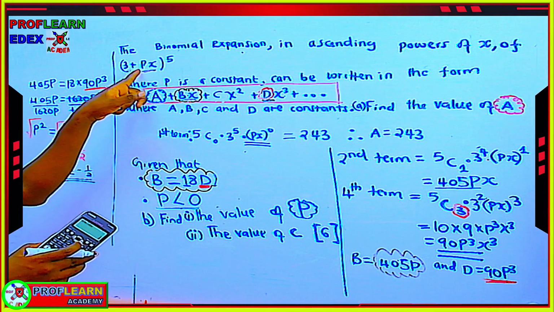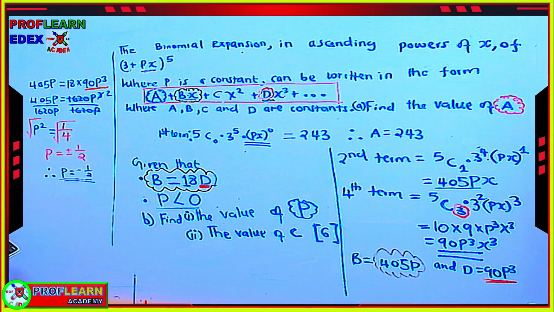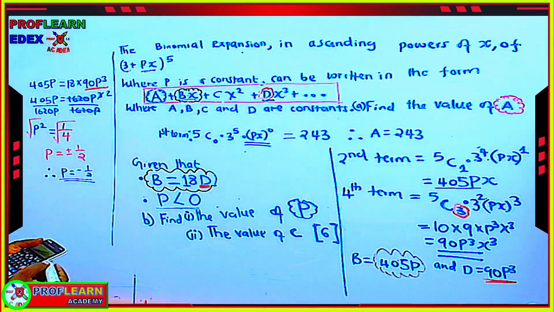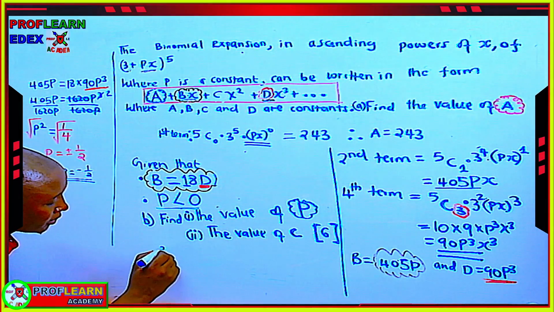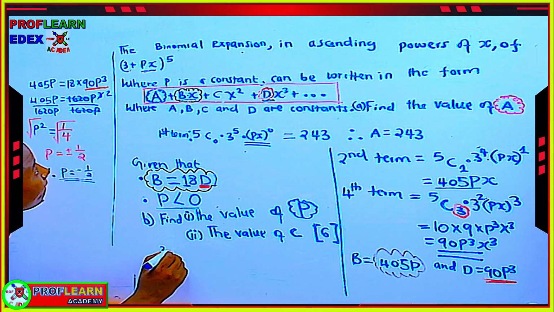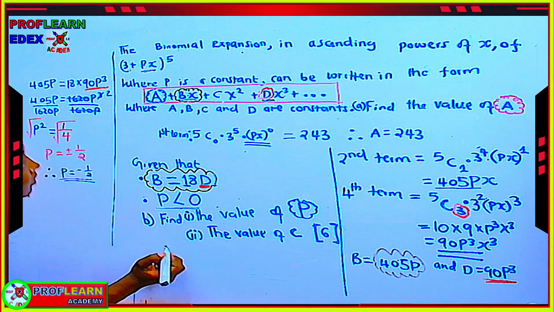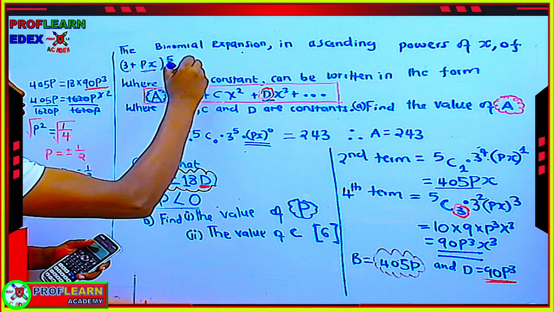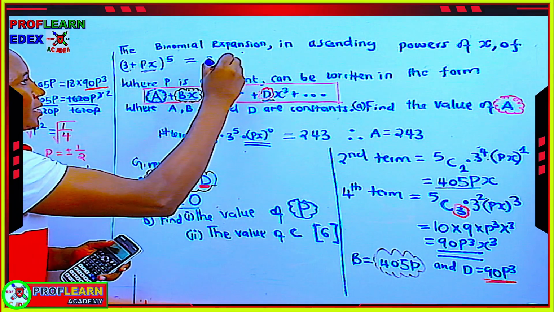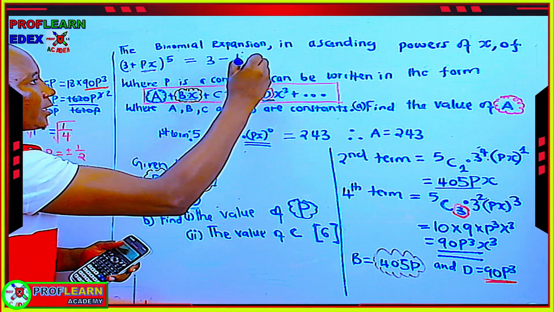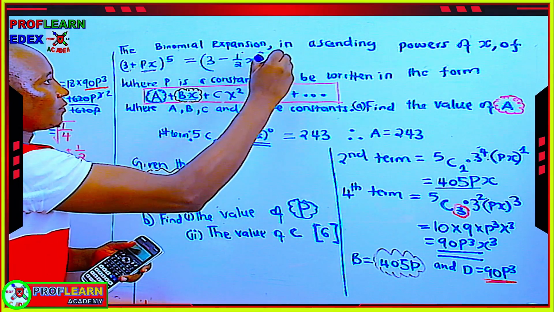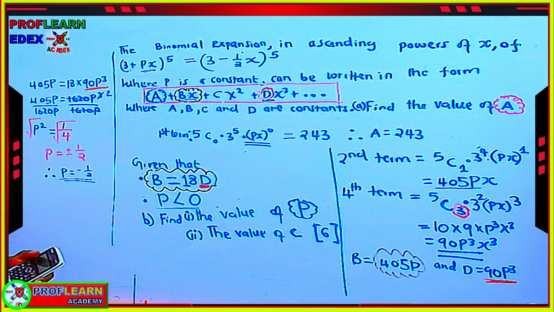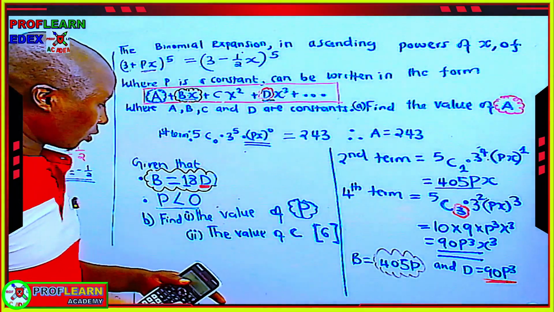So in our expression that we were given to expand, it should be written as 3 minus 1 over 2x raised to power 5. That was the expression that we were supposed to have.